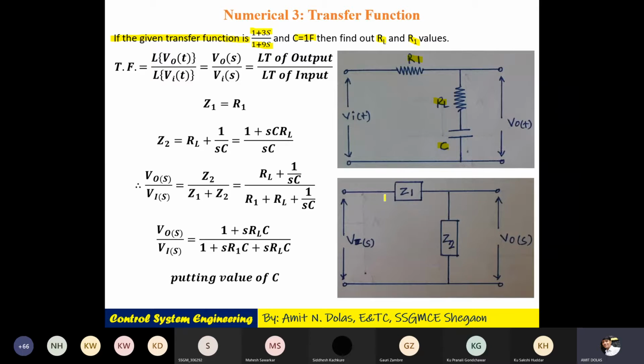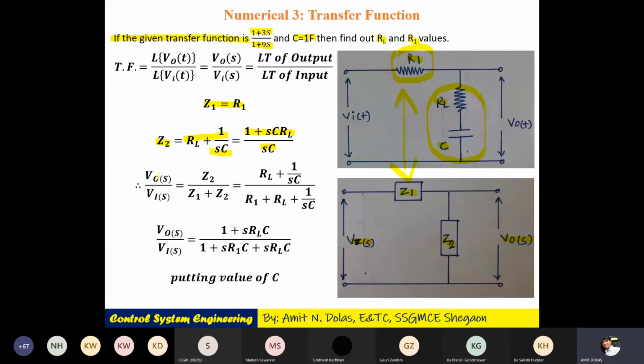So this circuit is converted into impedances. Z1 is nothing but R1, and Z2 is the series combination of RL and C, converted into Laplacian form, that is Vi of S and Vo of S. The equation for Z1 is simply R1. What is Z2? Z2 is RL plus 1 by SC, adjusted as 1 plus SCRL divided by SC.